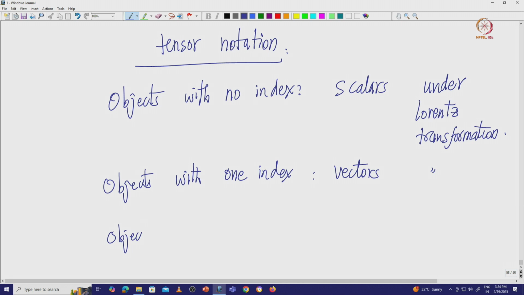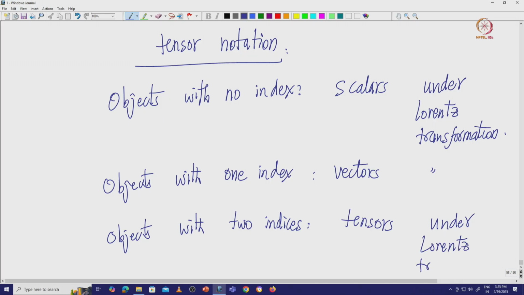Objects with two indices are called tensors under Lorentz transformations.